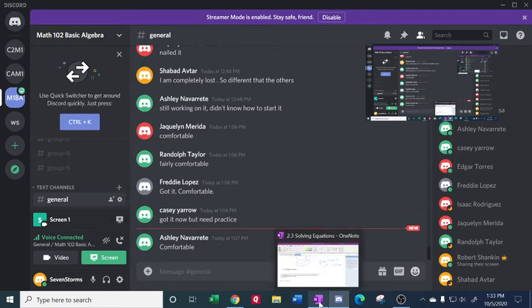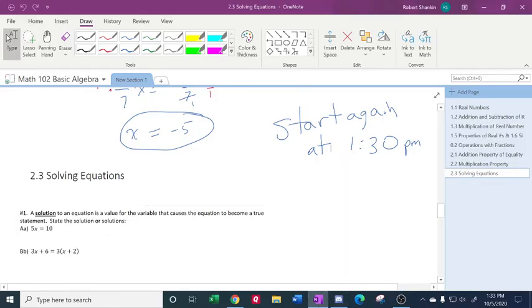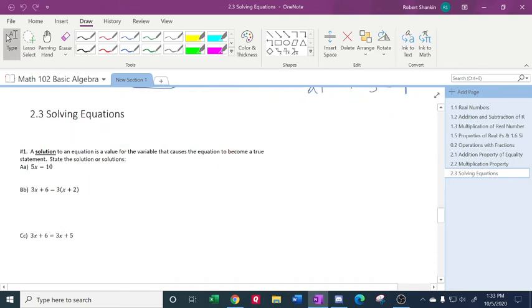All right, so let's come back. Solving equations. I'd mentioned this before, but it's so important that I need to put it again. A solution to an equation is a value for the variable that causes the equation to become a true statement.